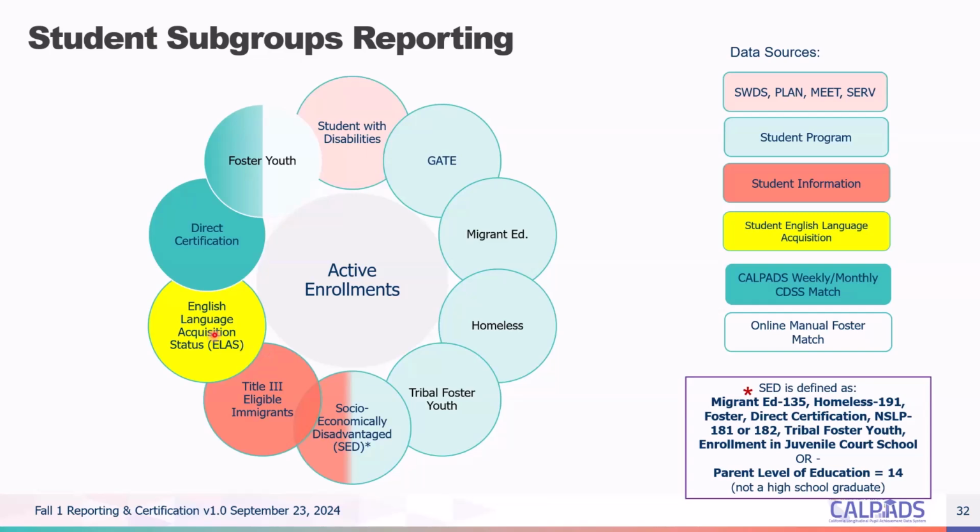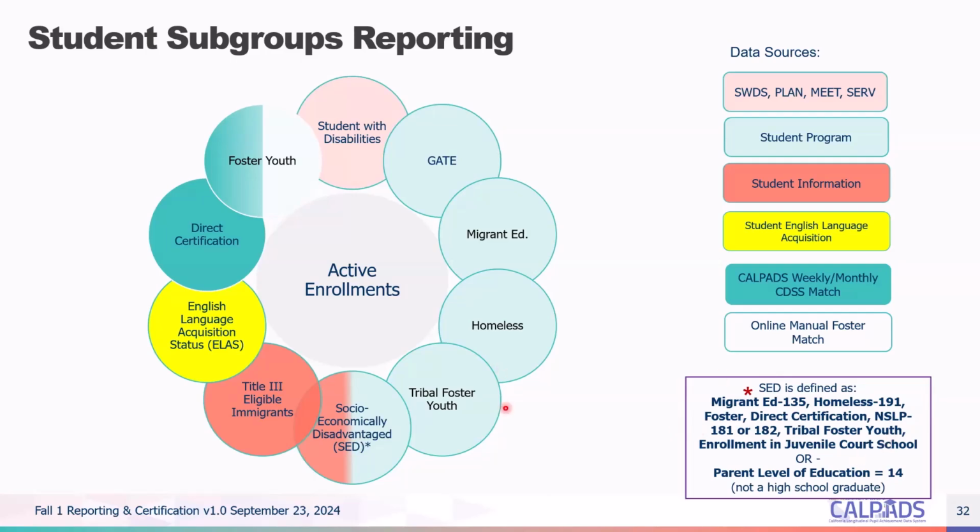So if a student is EL or ADEL, the student is counted in the Local Control Funding Formula. If a student has a parent ed level of not high school graduate, then they are counted on the SED logic.